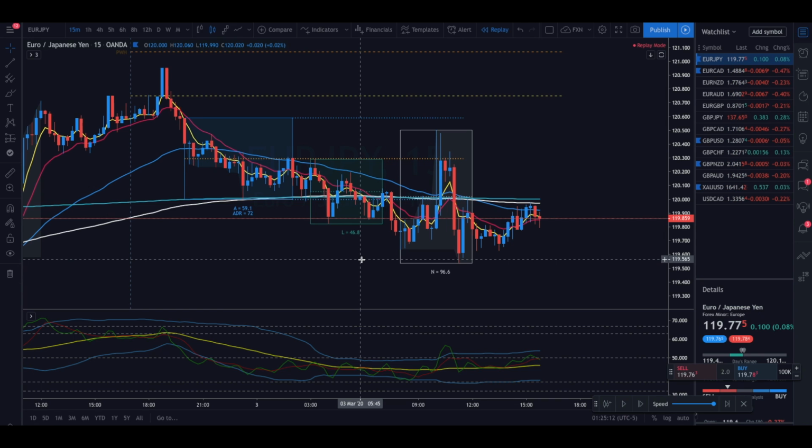But if you're waiting for a very specific setup and you have the patience to wait it out, the setup will show itself for you. You just got to have the patience.